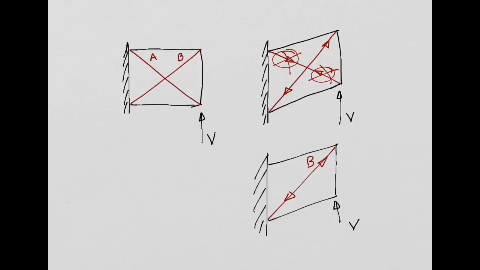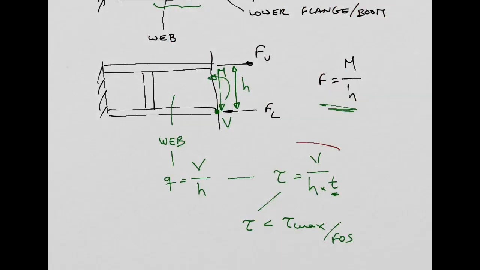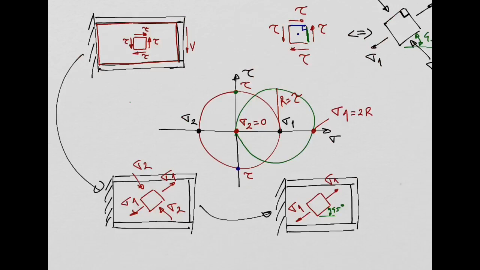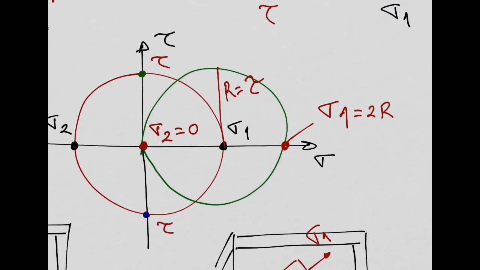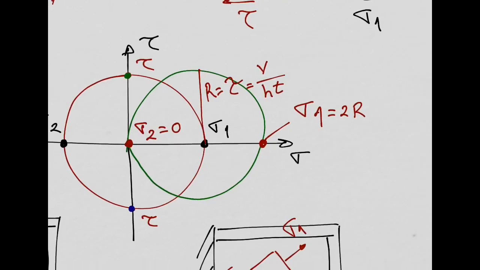Which this tau is equal to the transverse shear force divided by the height of the web times the thickness.